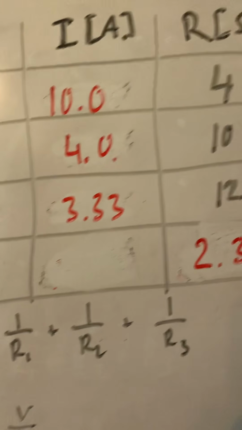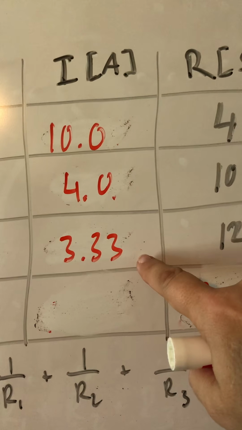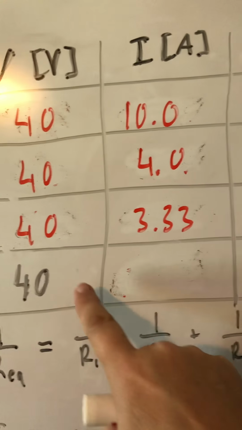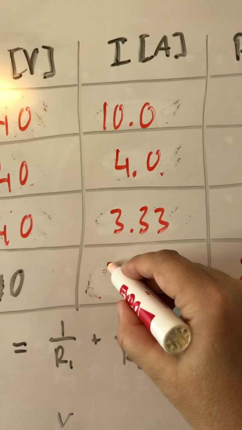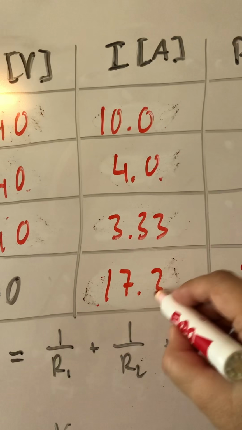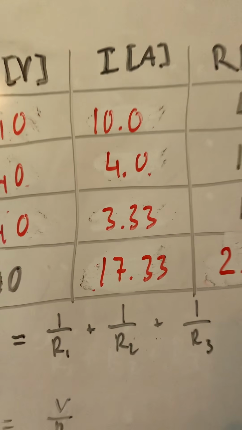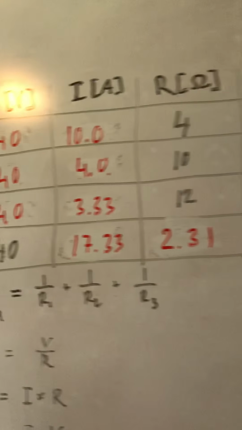And then the total, we can either add all those numbers up, or we can do 40 divided by 2.31. Either way, you get the same number, rounded 17.33 amperes.